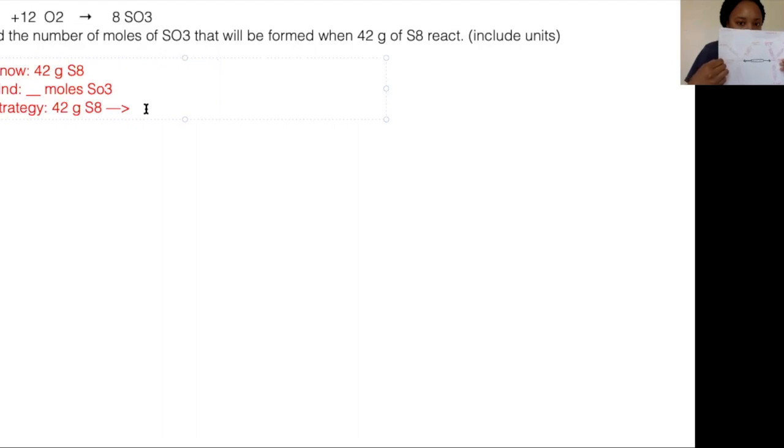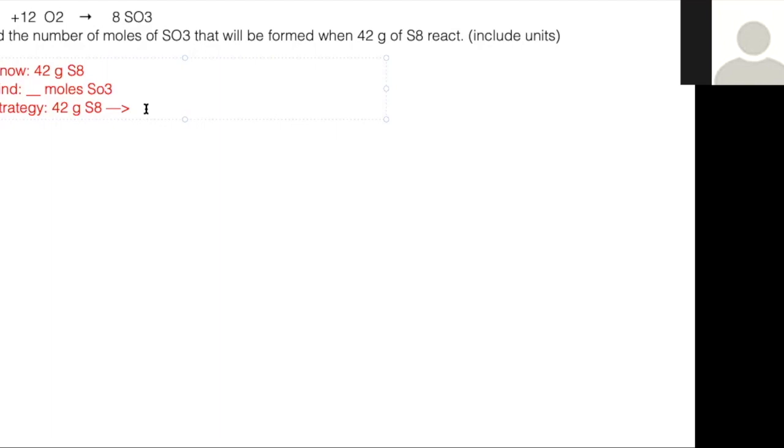We'll say that the S8 is compound A. We're starting at grams in the orange, and we're trying to get all the way to moles in pink.